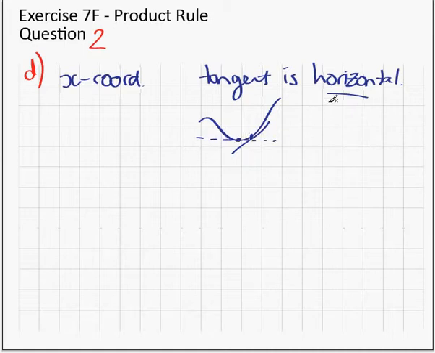When the tangent is horizontal, the gradient of this particular tangent would be 0. So we want to find the x-coordinates of where the curve that we started with has a tangent that is horizontal, that is where the derivative equals 0.